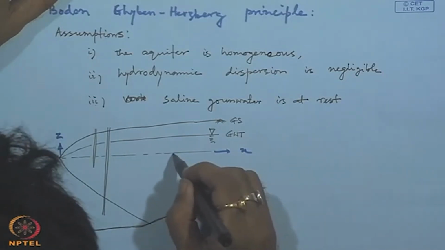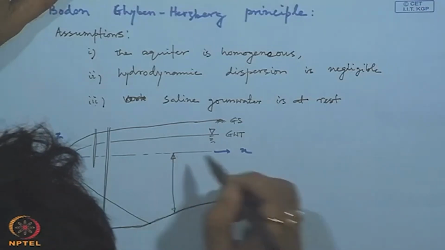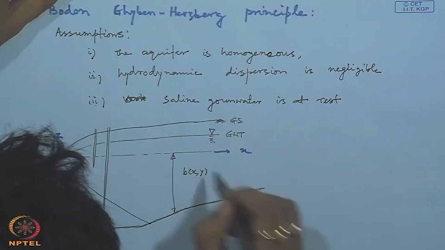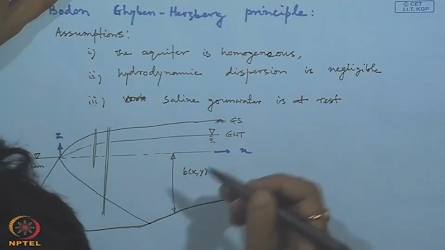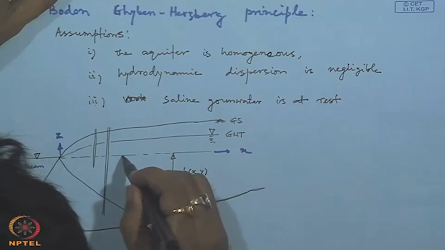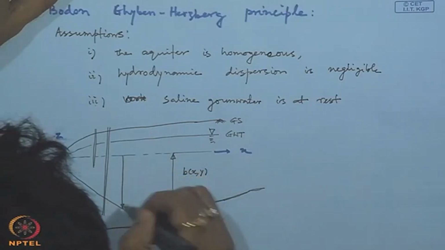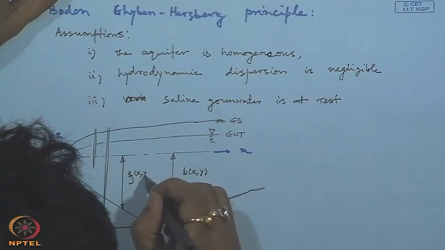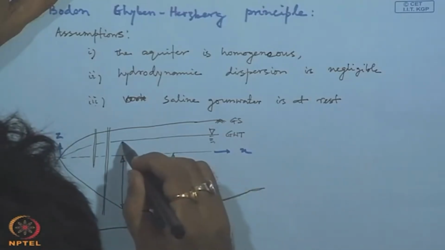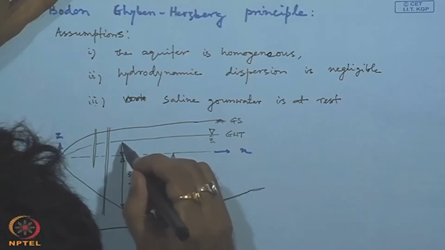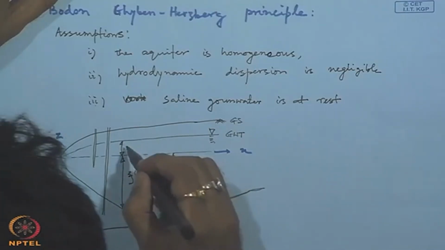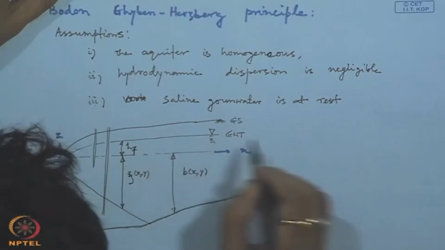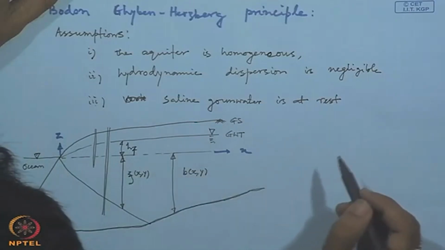So, this depth from the sea level we can denote as h_s(x,y), which is a function of x and y. Again, this depth of interface, and from the ocean surface to our groundwater table we have h_f depth.